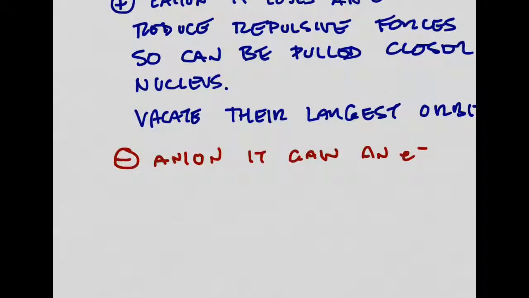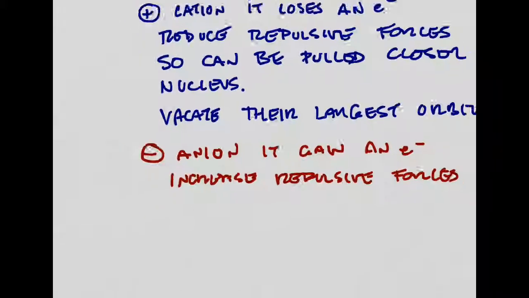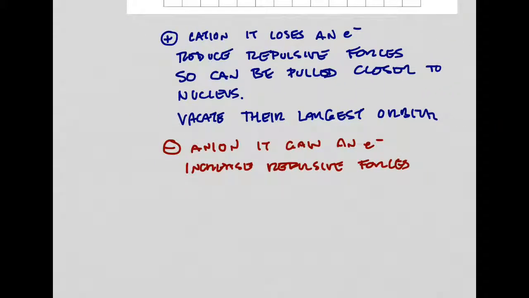And as a result of that, instead of reducing repulsive forces, you increase the overall repulsive forces. And if you increase the overall repulsive forces, then guess what happens? All these electrons push away from each other.